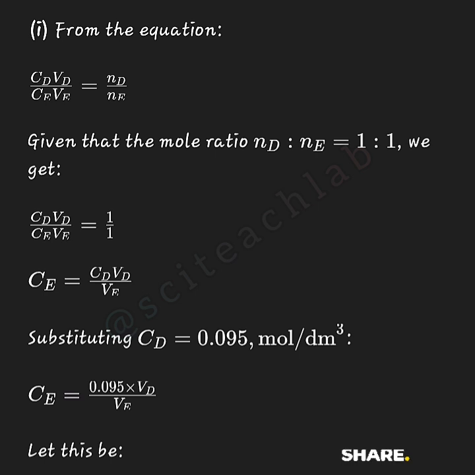If the question doesn't call it A and B, but calls it D and E, then CAVA becomes CDVD over CEVE, because D and E is what you are using, equals ND over NE.